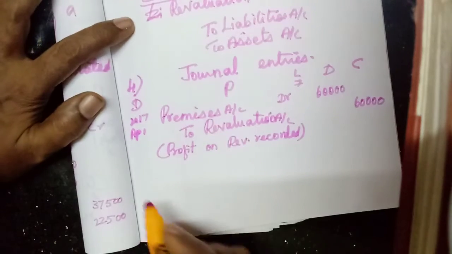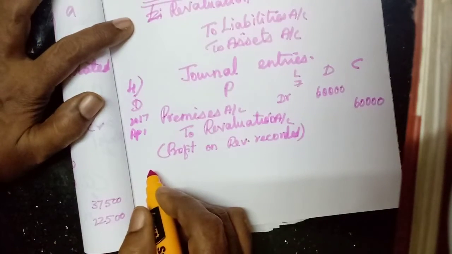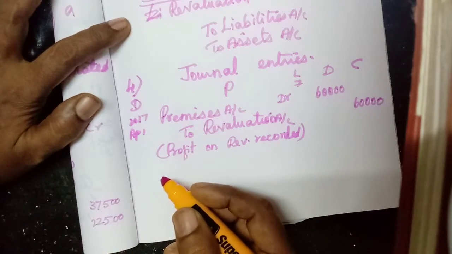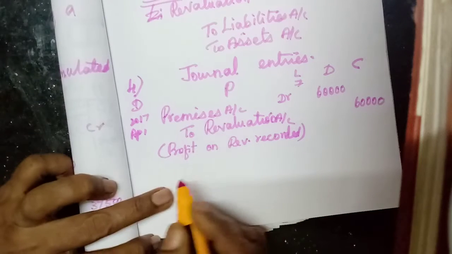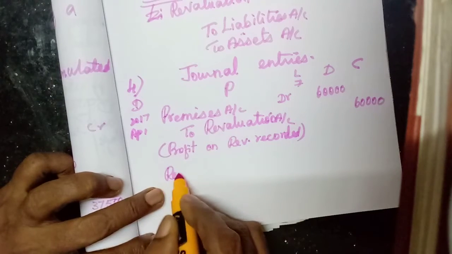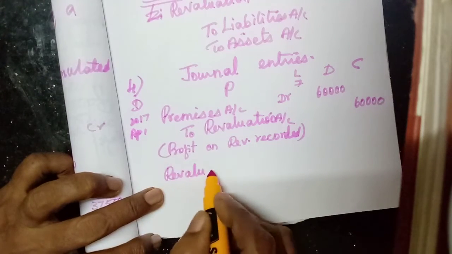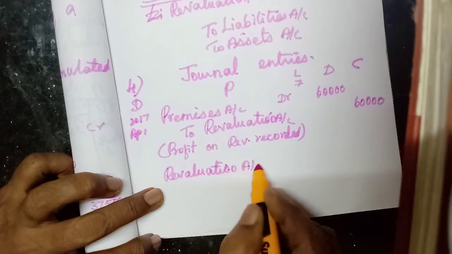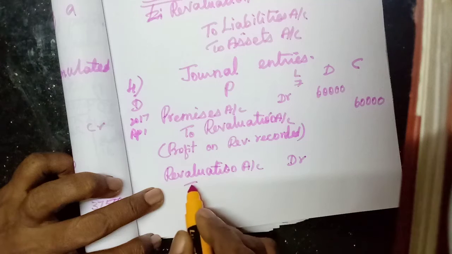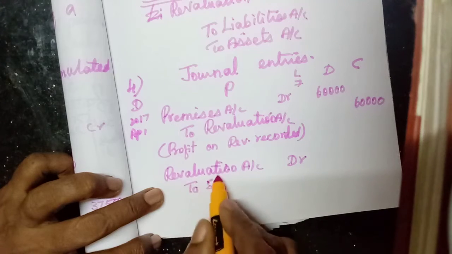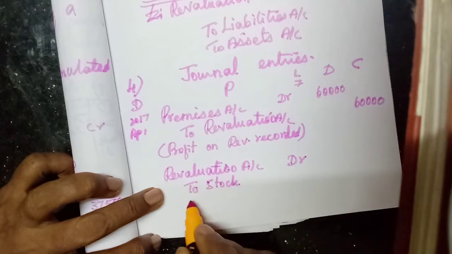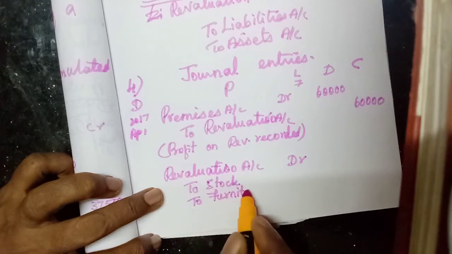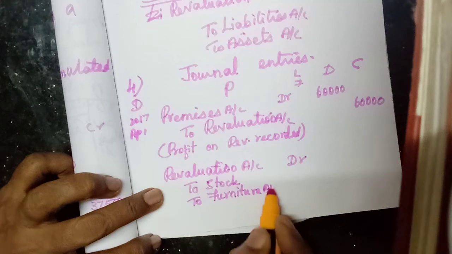Then the next one. Depreciate stock, furniture, machinery. So which account should be debited? Revaluation account should be debited. To stock, furniture, machinery.